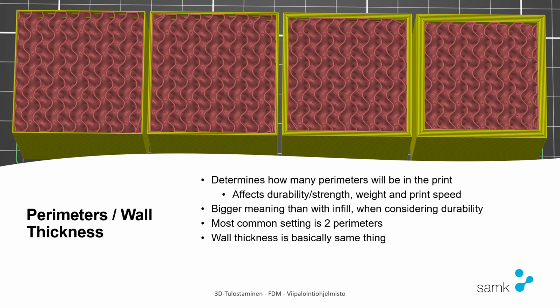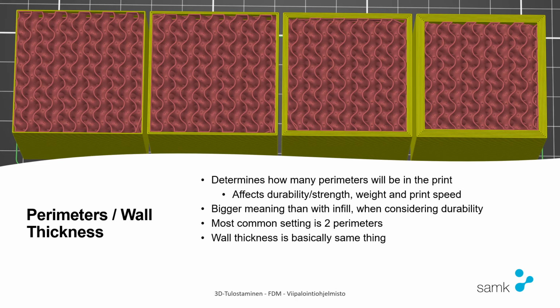There will be more material to be sanded, so you won't see the infill straight away if you use the sandpaper a little bit. And if you have more walls, then there's this effect called ringing, which shouldn't happen. If you don't have enough walls in your print, you will have a lot of ringing in the parts, or this salmon type of pattern on the walls of the part, which doesn't look good.